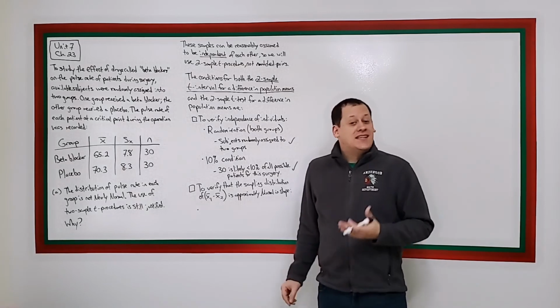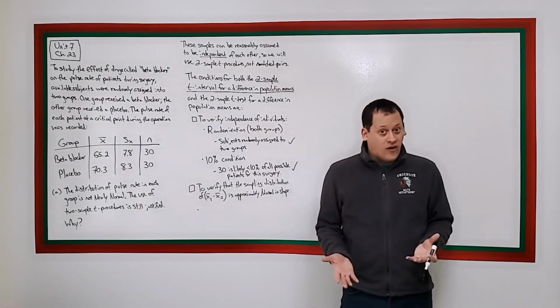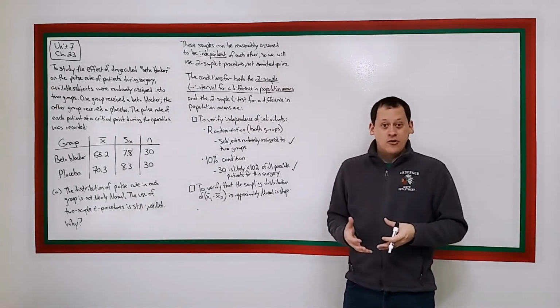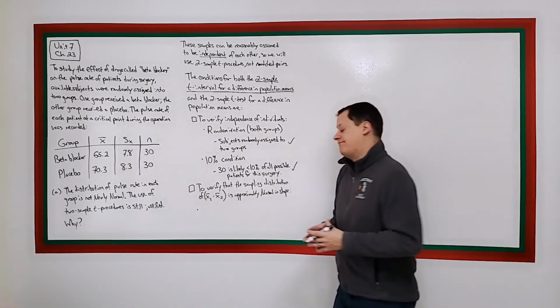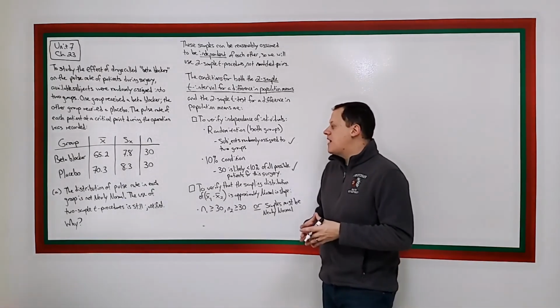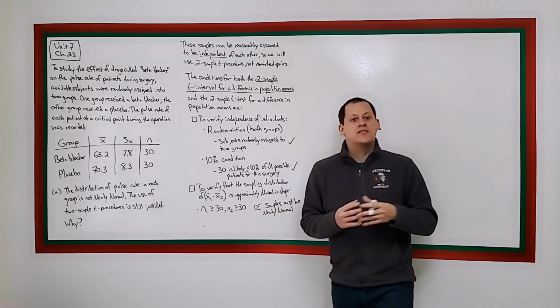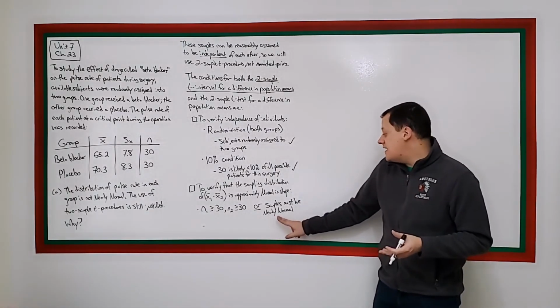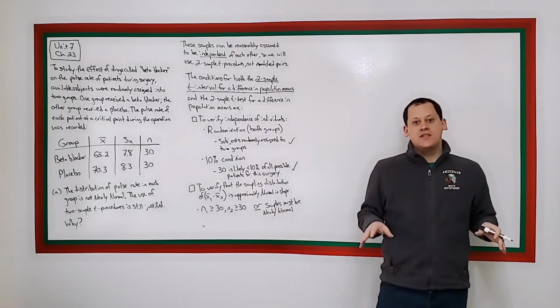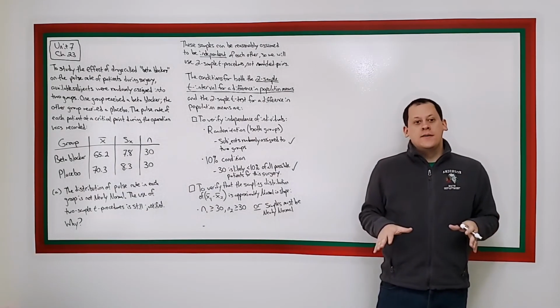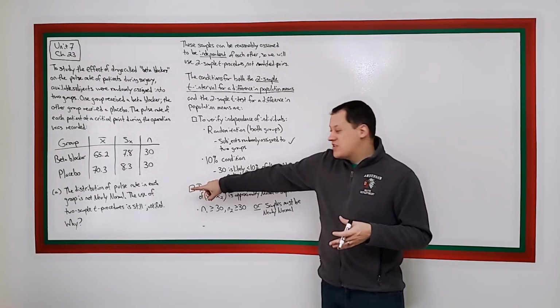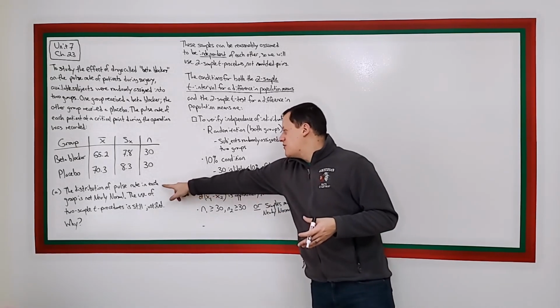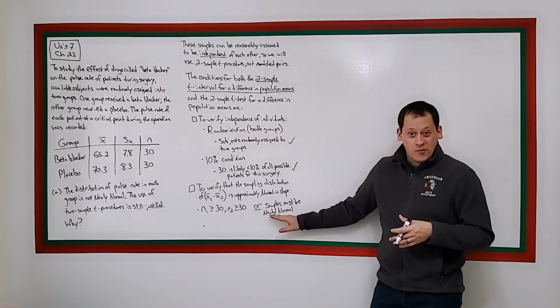N has to be at least 30, or the distribution of the sample has to be nearly normal. In the past, we've dealt with sample sizes that have been relatively small, so we've needed the sample distributions themselves to be nearly normal. But in this particular case, the question's saying the distribution of the pulse rates in each group is not nearly normal.